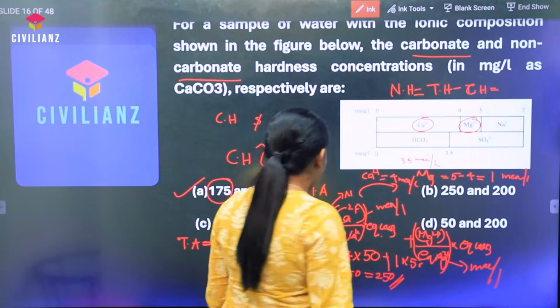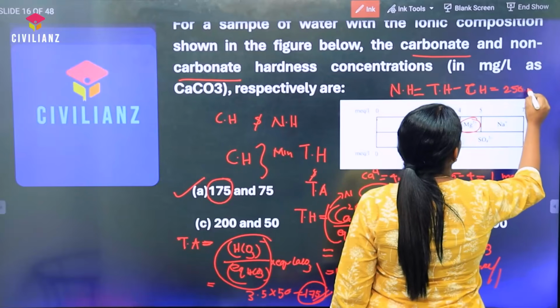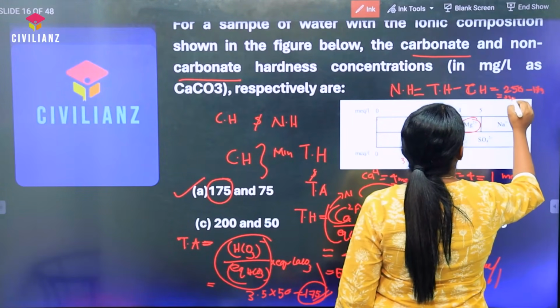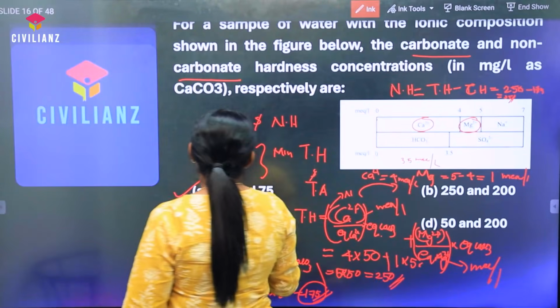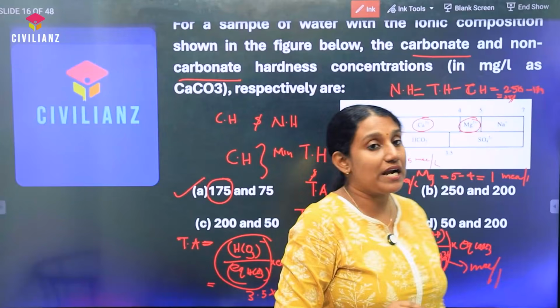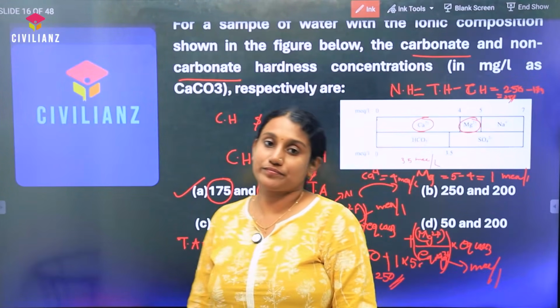Total hardness is 250. 250 minus 175 equals 75, the answer. So carbonate hardness equals 175 and non-carbonate hardness equals 75. So we can select option A.